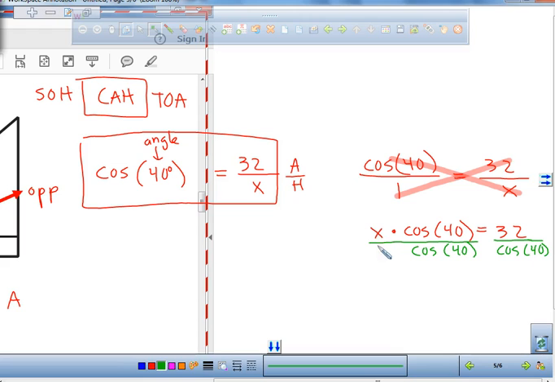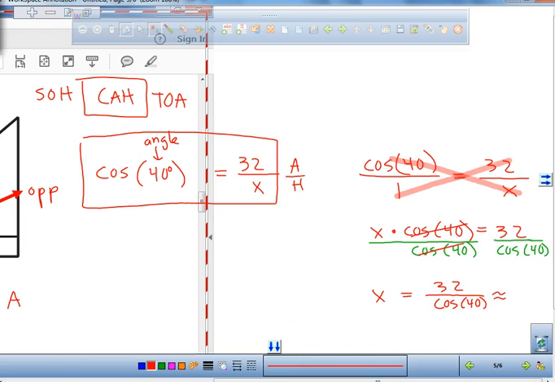Where all you see is an x. And these cancel to a 1. And so whatever 32 divided by the cosine of 40 is equivalent to is the length of my side.